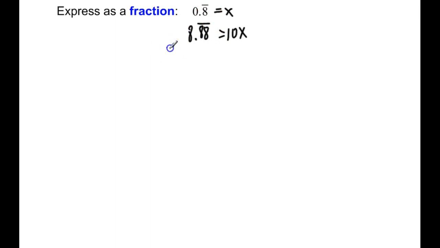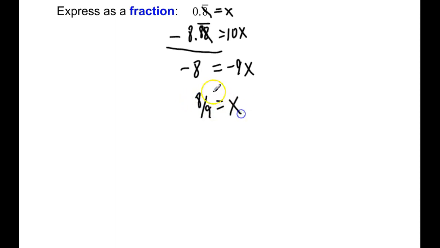So if I subtract, x minus 10x is, that would be -8 equals -9x, because you see the 0.8 repeating cancels out. You're subtracting that. And so if you divide by -9, you get 8/9 equals x. Kind of a neat way of solving that problem.